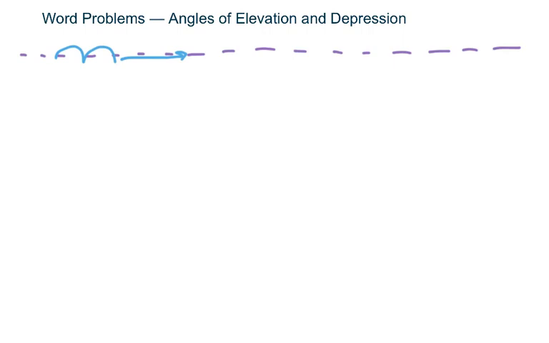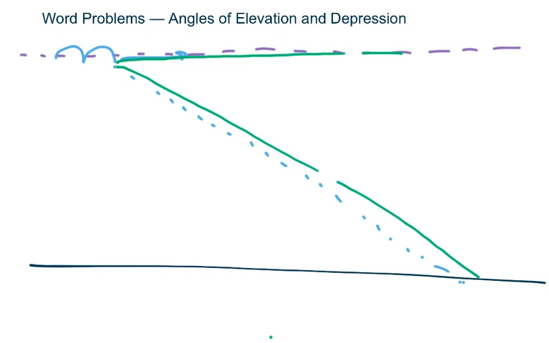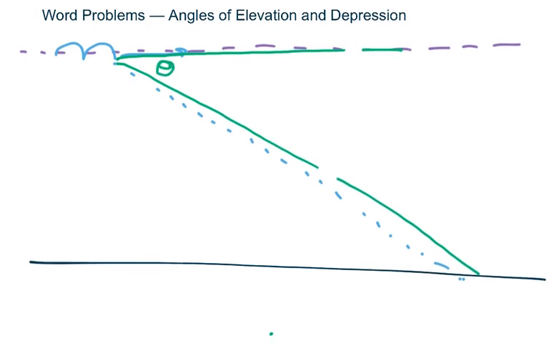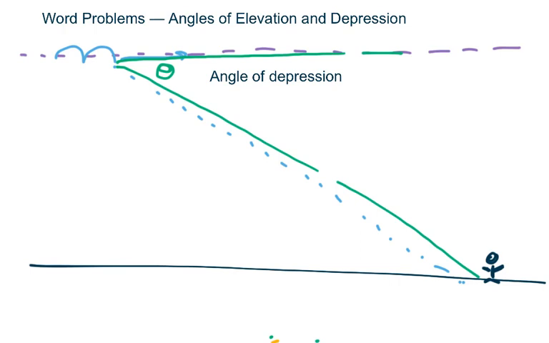Then wherever you're looking down toward the earth, okay, this is the earth, if the bird is flying this way, but looking this way, then this theta, whatever the degree is, this is the angle of depression. We call that the angle of depression because we are measuring from the horizon down to where that angle is. That's the angle you're looking at.